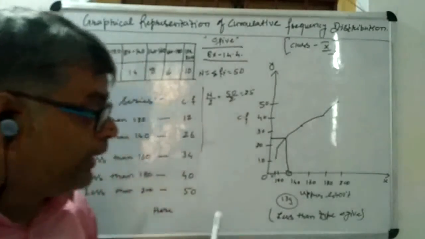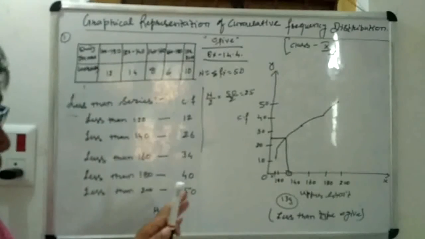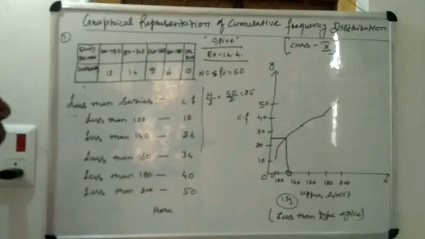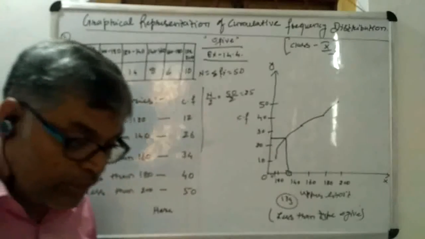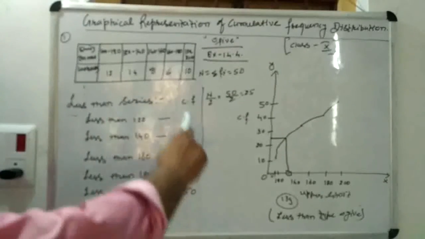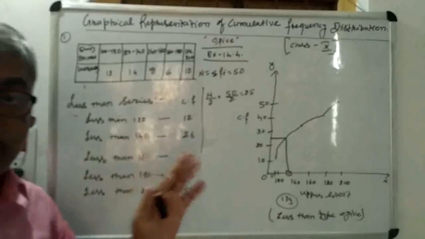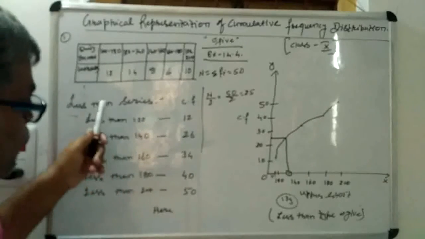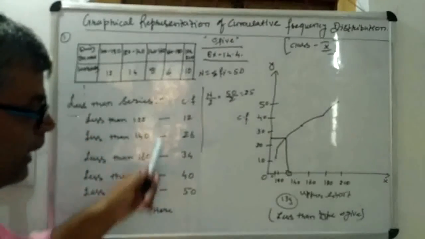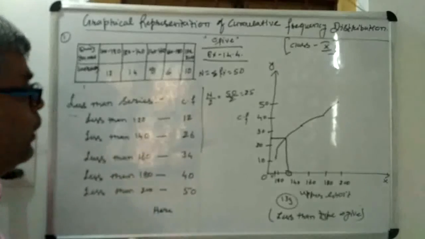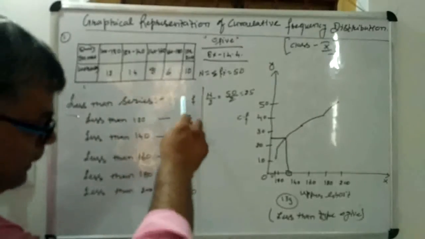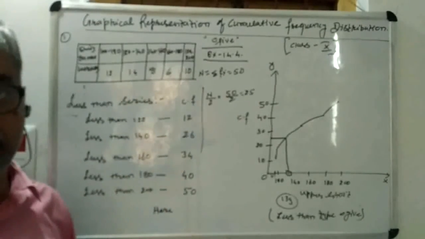So can you draw the more than type ogive also? I hope, children, that all of you have understood. First you have to convert the given data into the series for whichever type of ogive you are going to form. When frequency is given, then you just find the cumulative frequency.